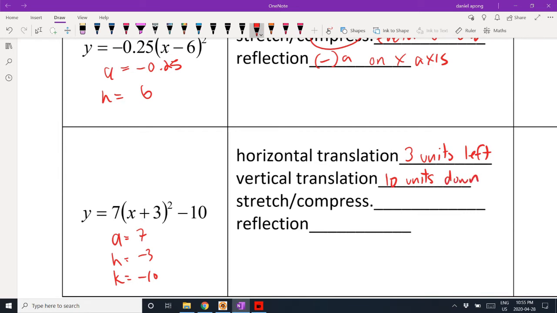It's going to be a stretch because the A value is greater than 1, it's not a fraction. So it's a stretch by a factor of 7. And it's not a reflection, because A is not negative. Okay, so let's try it out.